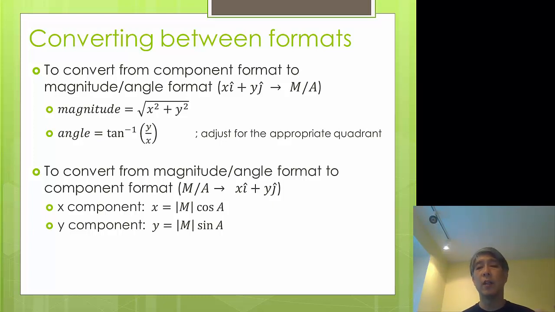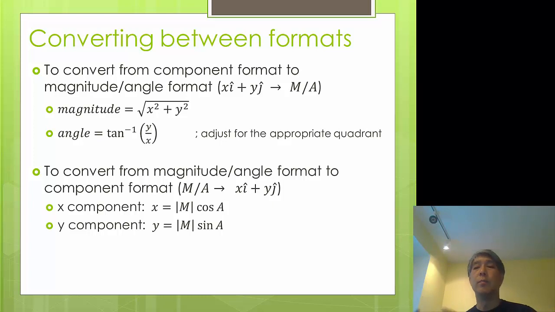The problem with your calculator is it doesn't know what quadrant you're working in. So in terms of angle, yes, you're still going to be doing the inverse tangent of the y component over the x component. This is simply the inverse tangent of opposite, which would be y, over adjacent, which would be x. X and y are the components along the x and y axis.